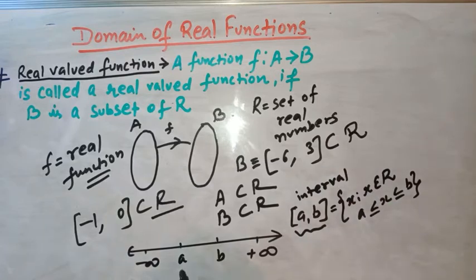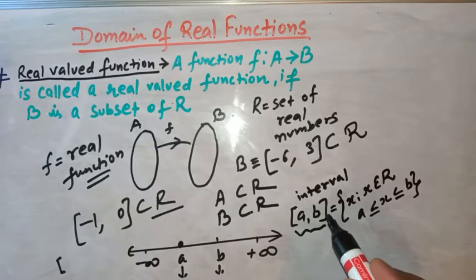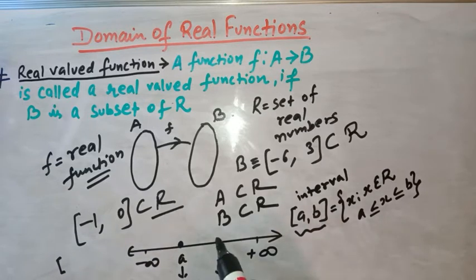The endpoints are A and B, and when we use this symbol, it means this point is included. Similarly, when we use the same symbol at this point, it means this point B is included. So here A comma B is a subset of R.